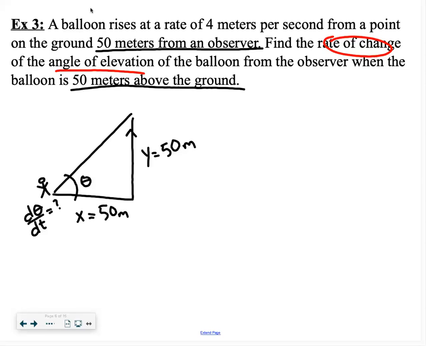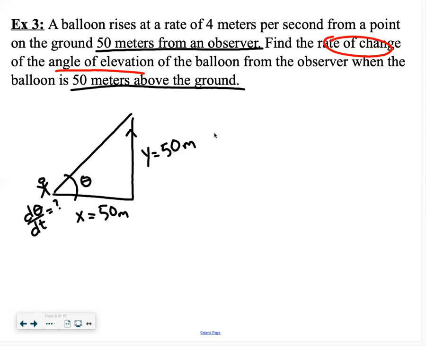I just want to see in the chat, what trig function could I use here? Based on what I'm given, could I use sine? Could I use cosine? Or could I use tangent?